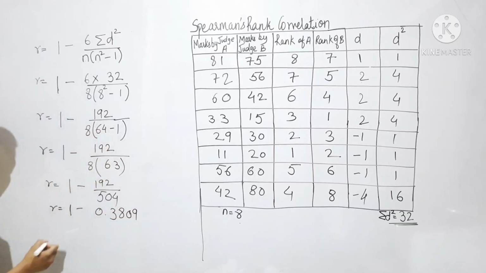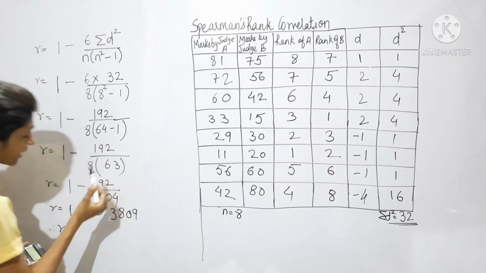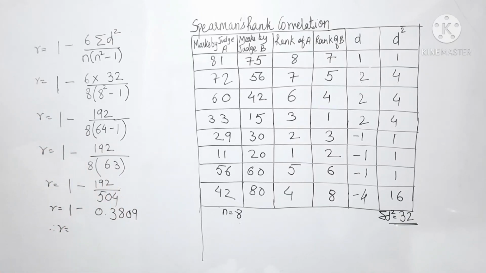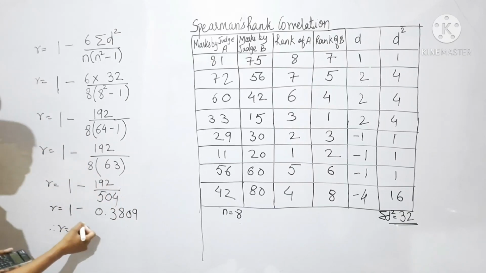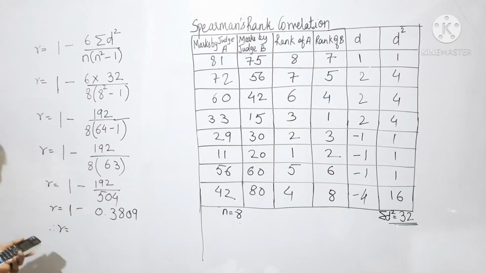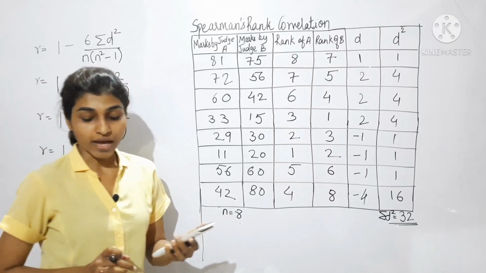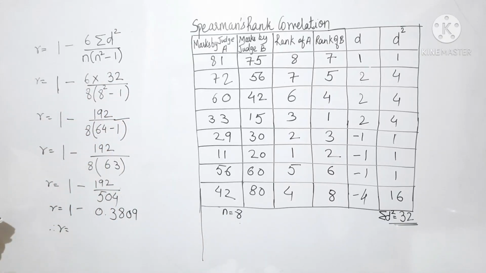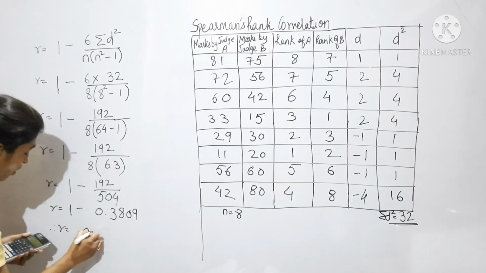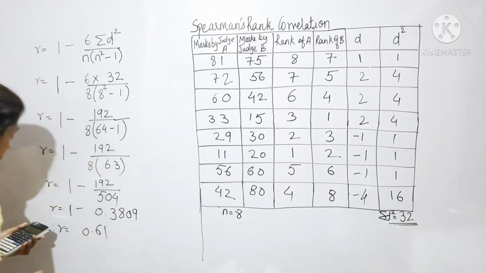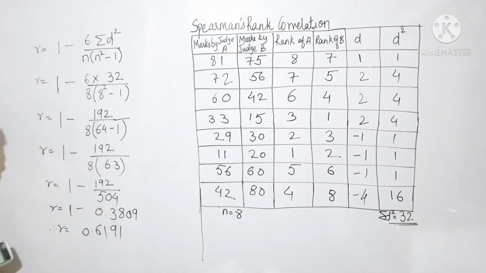Now therefore r is equal to 1 minus whatever answer you get by dividing 192 by 504. So 1 minus 0.3809, the answer is 0.6191. Okay, so this is the answer, 0.6191.